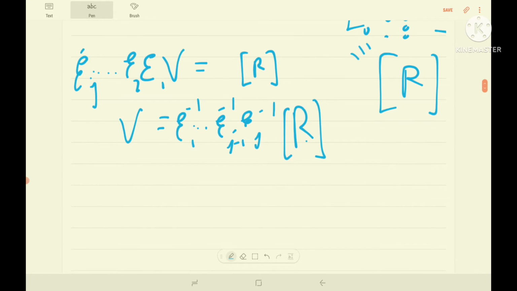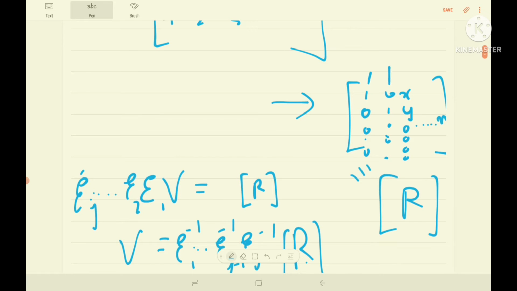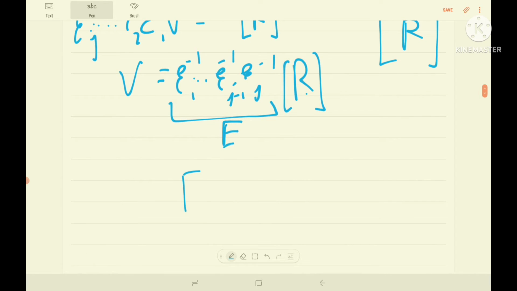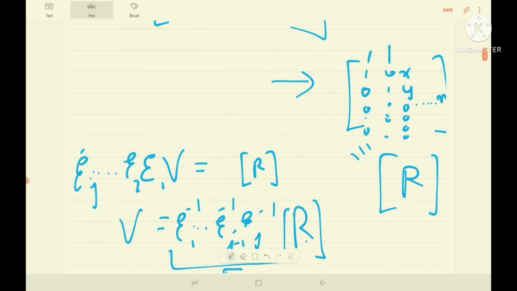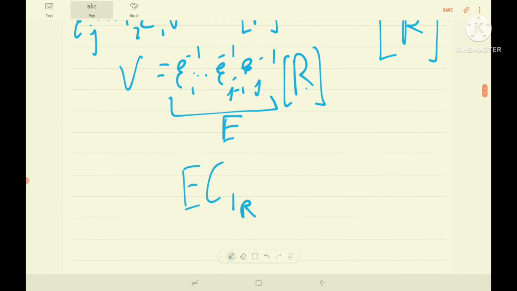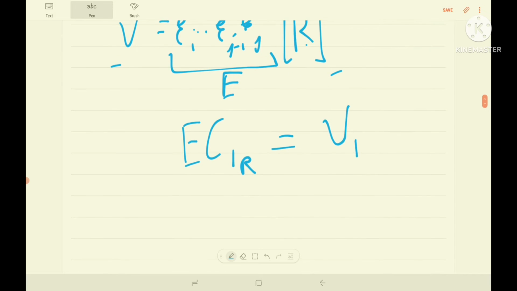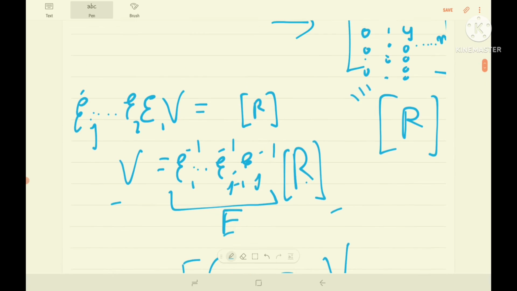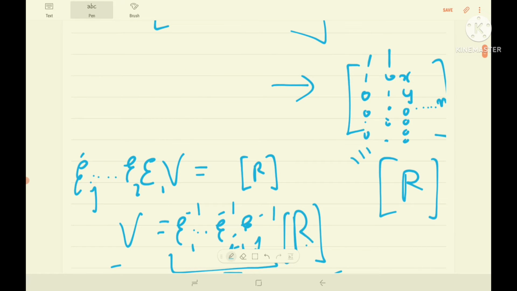Now, if I see this column and this column, I'm also assuming this product as E. So E times column 1 of R is equal to column 1 of our initial matrix, because there is a one-to-one correspondence between the columns of R and V. Similarly, E times column 2 of R is equal to column 2 of our initial matrix. Now comes the dependent column.